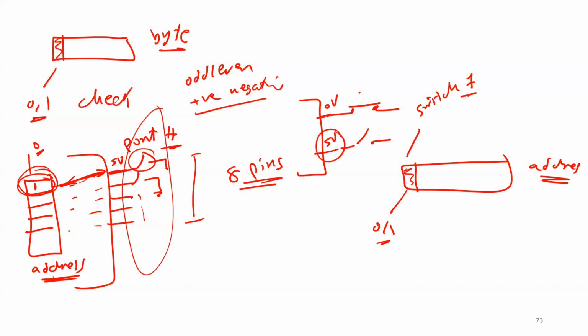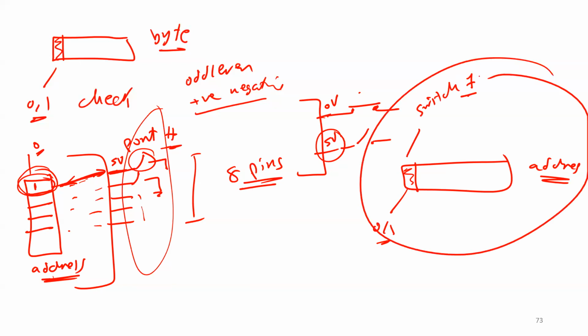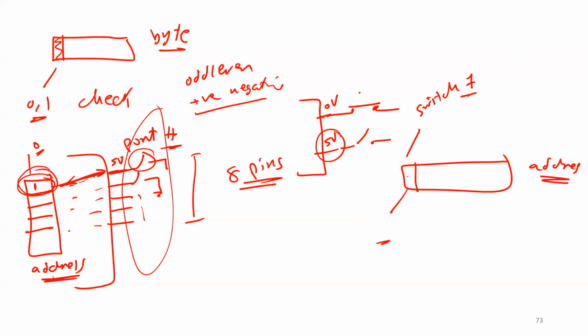So again, this is the point here, guys. We don't have instructions for bits. All the instructions we have work on bytes or words, right? So I have to work on a byte. I have a byte here, and using this byte, I want to check some bits to see if the switch is connected or not. If this one is logic 0, that means the pin outside has 0 volt.